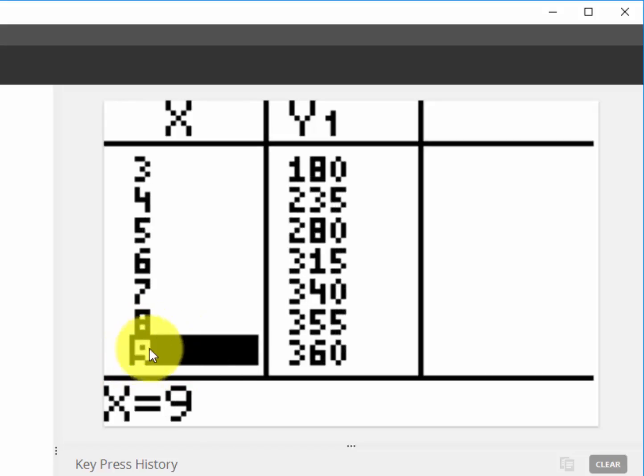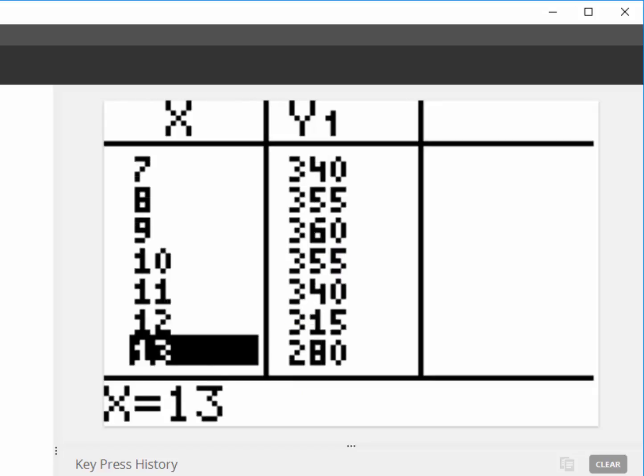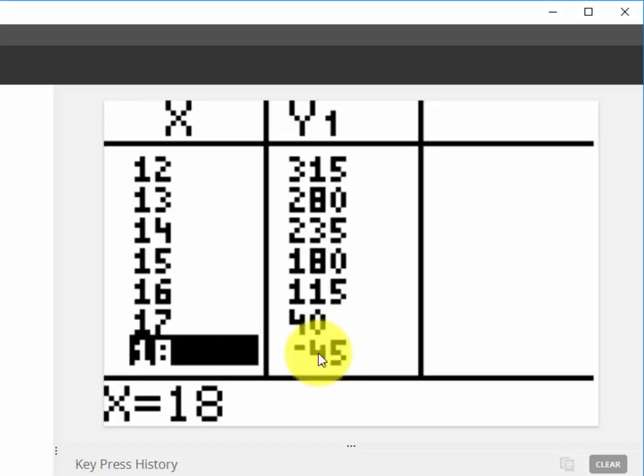And then here, x equals 9. That was our largest value, our maximum, 360. And then when we move, the numbers are decreasing. And now we see we have a sign change. So we went from 40 to negative 45 across the x-axis again.